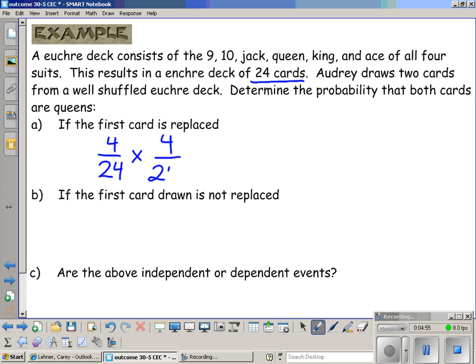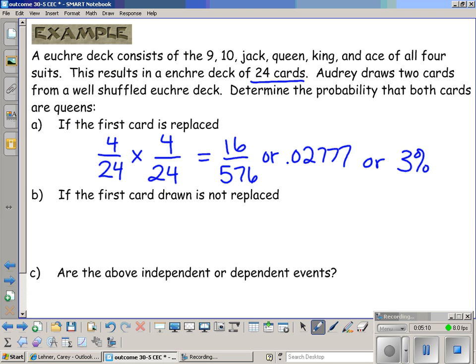There are still 24 cards in the deck. Multiply those together, we get 16 out of 576, or 0.02777, or approximately 3%.